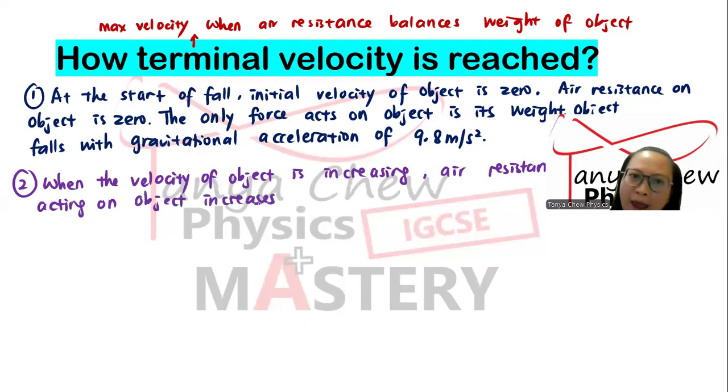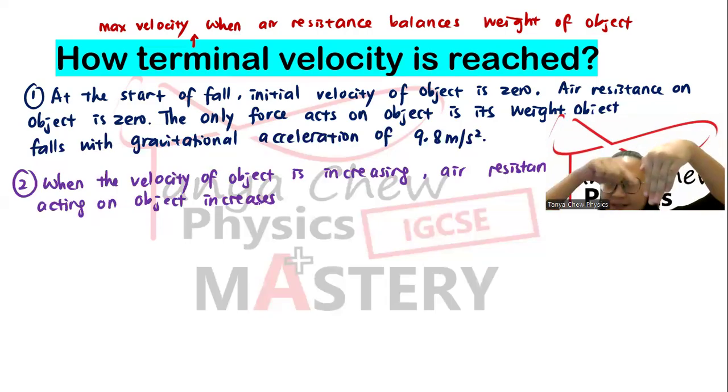Air resistance is the resistive force opposing the motion of the object. When the object is falling, it goes down, weight is acting downwards, but the air resistance tries to push the object upwards, right?